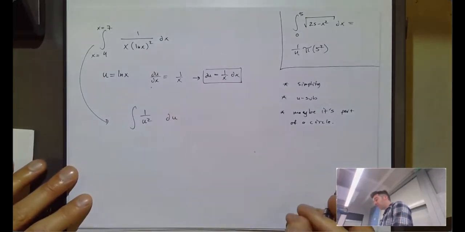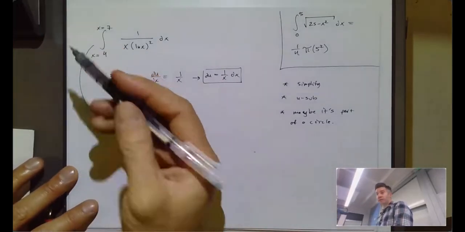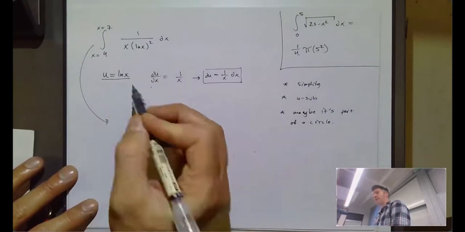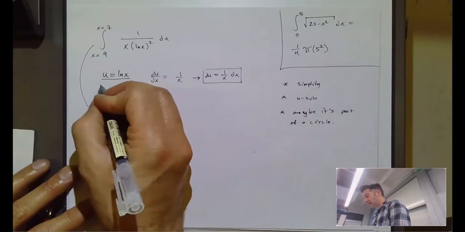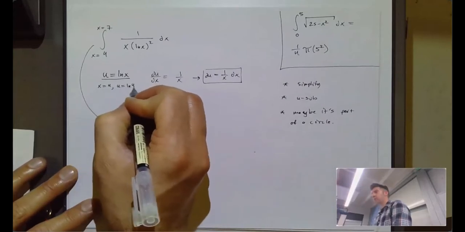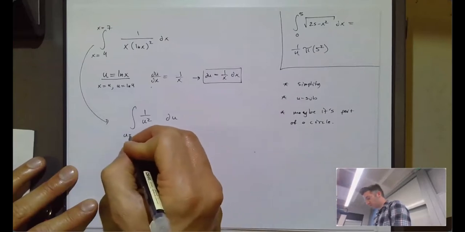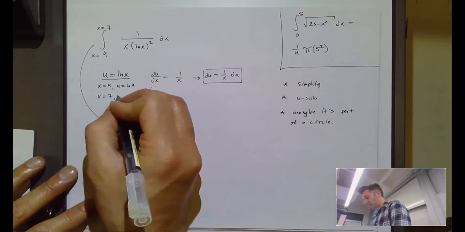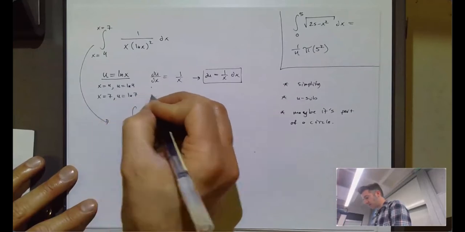My new limits of integration: u is equal to natural log of x, so if x equals 4, u is the natural log of 4, and if x equals 7, u is the natural log of 7.